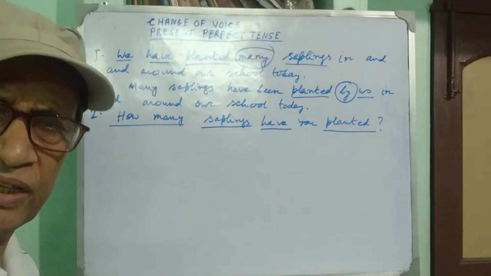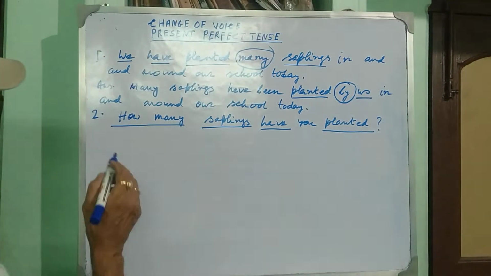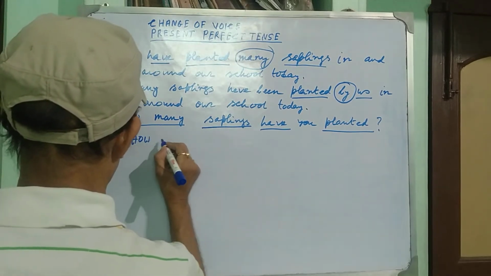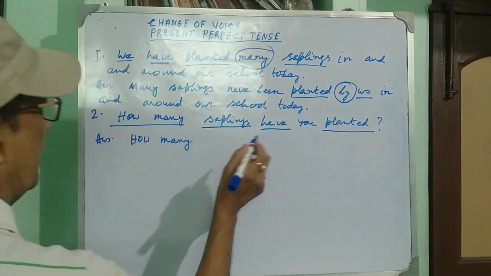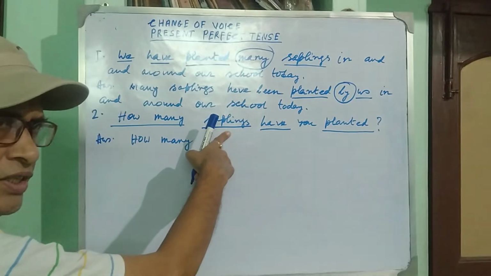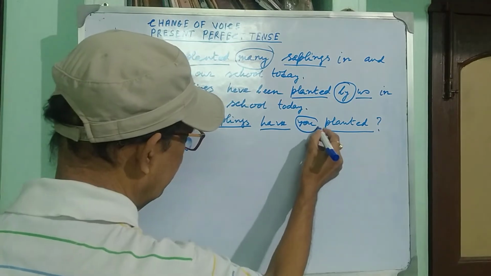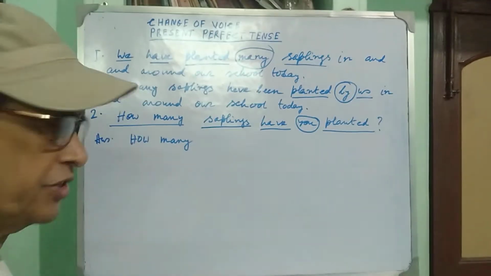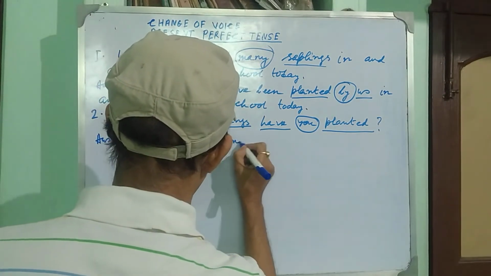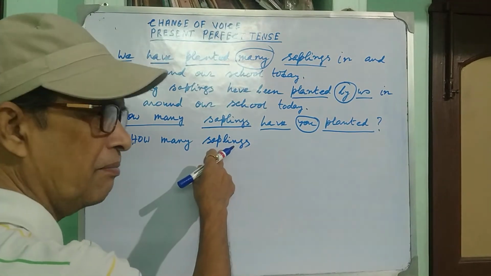তাহলে হাউ মেনি যদি একই থেকে যায় তাহলে আমরা কি করব? হাউ উইল ইউ চেঞ্জ? For example, answer: how many saplings? Now this object becomes subject because you is subject here. Saplings becomes subject. Now saplings is plural number.